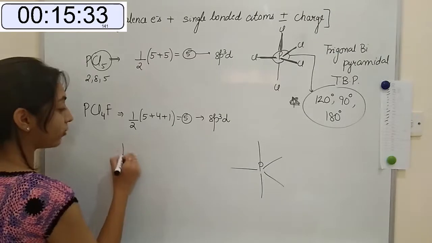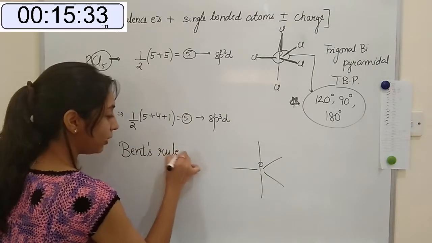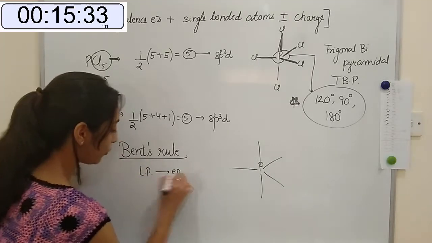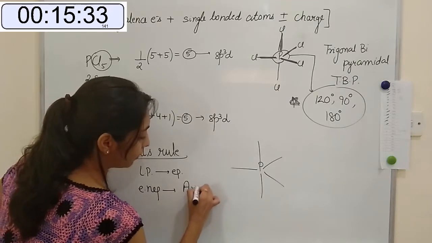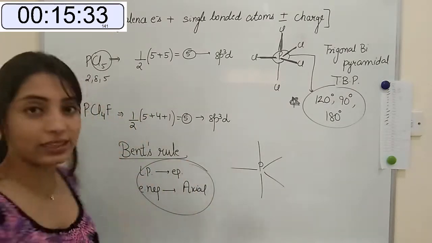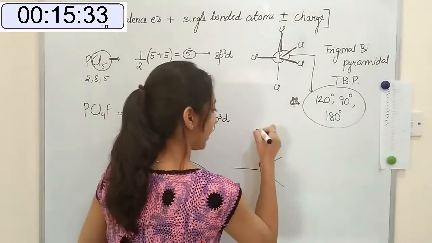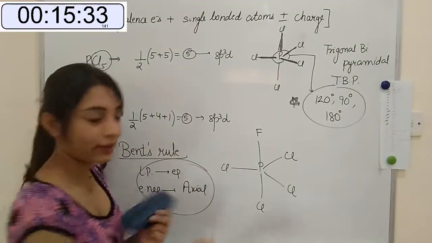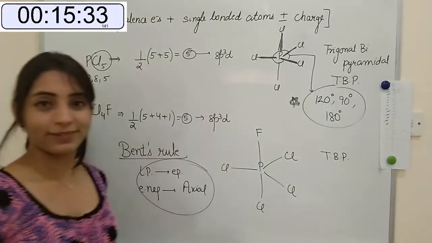Remember, in the last video we studied Bent's rule. Bent's rule says that lone pair goes to the equatorial position, and electronegative atoms go to axial positions. I hope you watched the last video. Now fluorine is electronegative, so it has to go to axial, and all the chlorines can go wherever they want. And the shape is again trigonal bipyramidal.